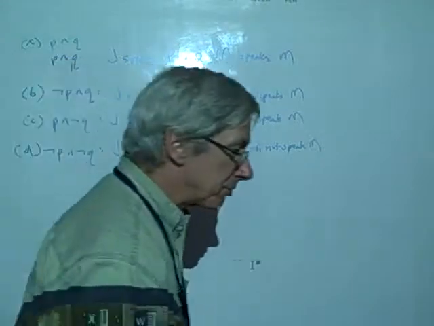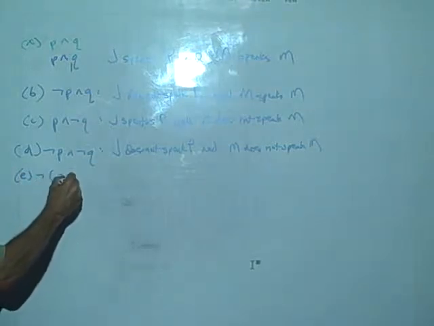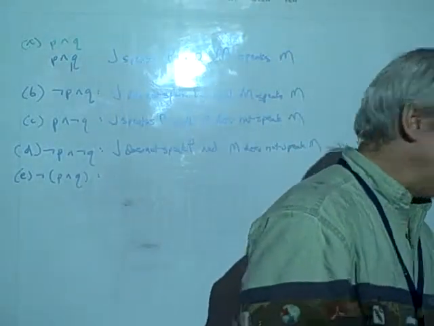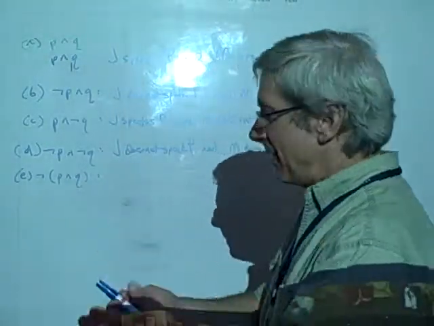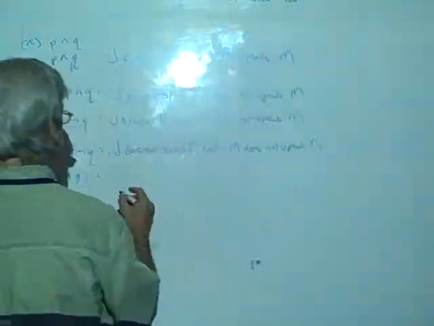Okay. Last one, the negation of P and Q. Okay, so we negate P and Q. Now there's more than one way to say this, but probably the easiest way is to use the word not and then say the conjunction. So basically you say it's not the case, it is not the case.